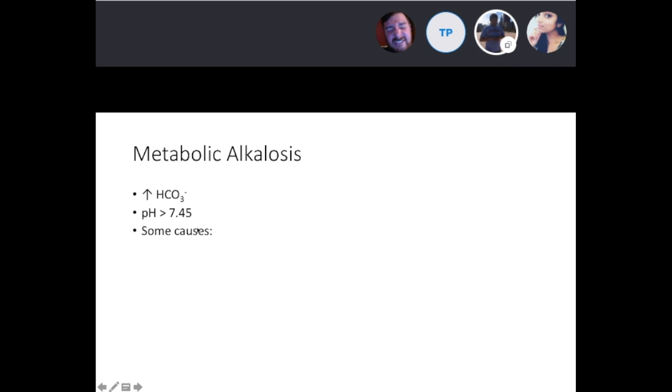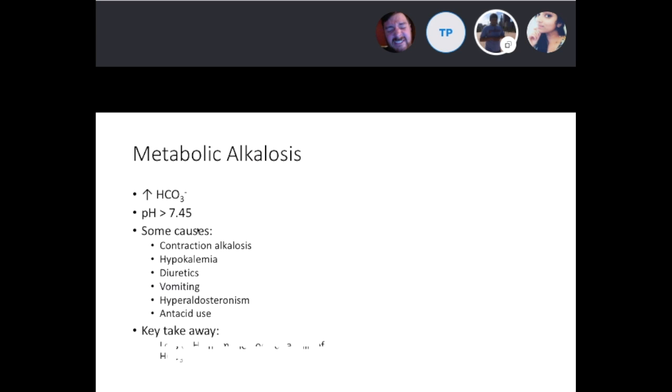Your pH will increase. Some of the causes will be contraction alkalosis, hypokalemia, diuretic use, vomiting, hyperaldosteronism, and antacid use. The key takeaway is that a loss of hydrogen from the body or a gain of bicarb is how you can see a metabolic alkalosis question or situation.